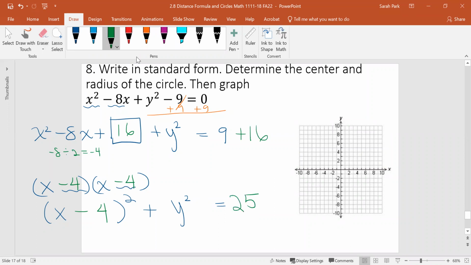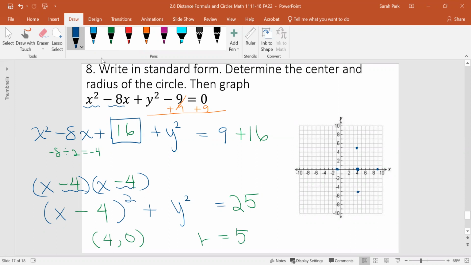Okay. At this point, we should be able to identify the center and radius. The center is positive 4. For the y value, there's nothing being added to it, so the center is 4, 0. For our radius, we take the square root of 25, which is 5. Okay, so 4, 0. We go up 5, to the right 5, left 5, and down 5.